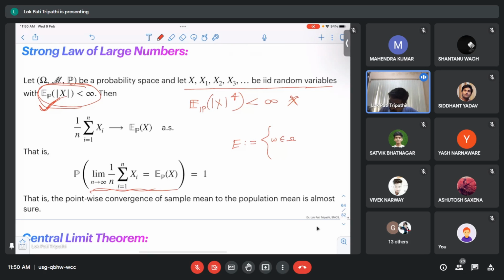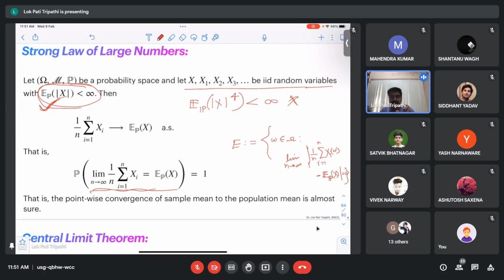Little omega belongs to the sample space such that the limit as n goes to infinity of the summation i equals 1 to n of X_i(omega), minus the population mean, is zero.